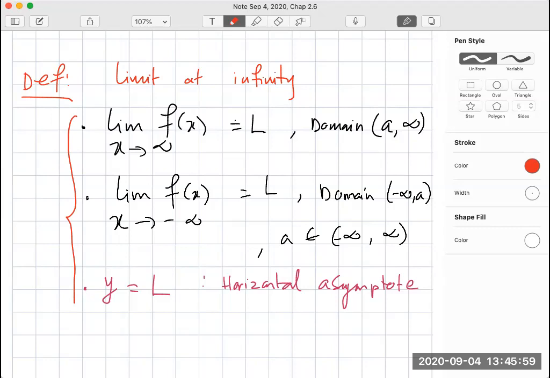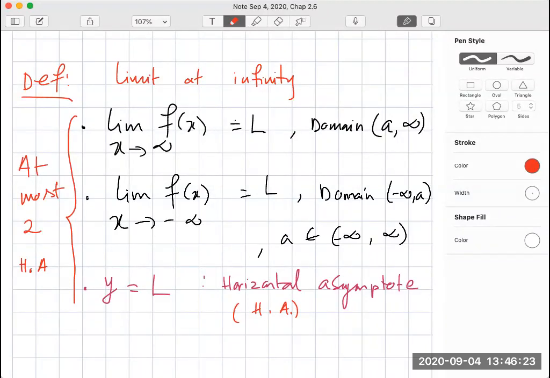We see that there are at most 2 horizontal asymptotes. The first is when x approaches positive infinity, and the other is when x approaches negative infinity.